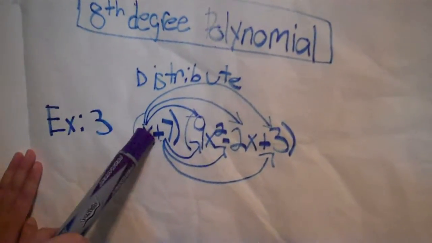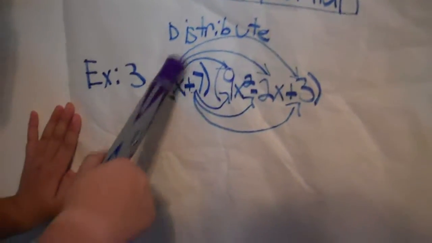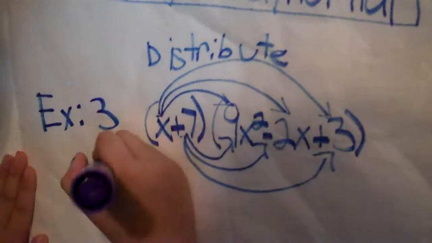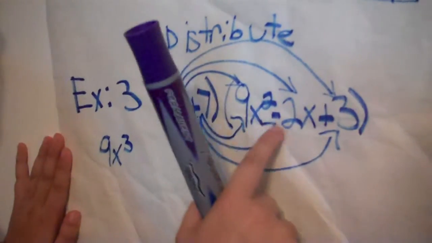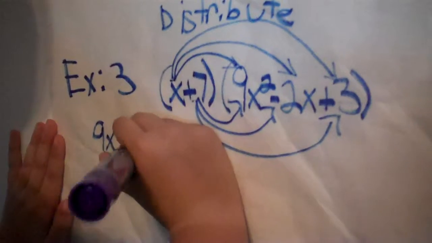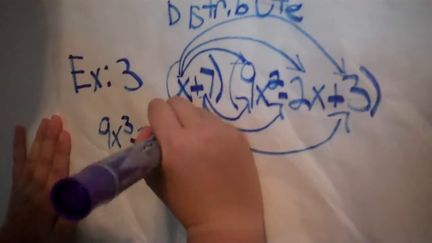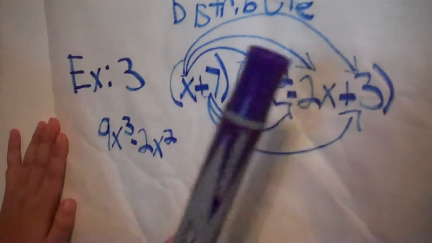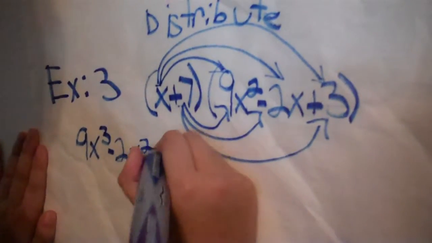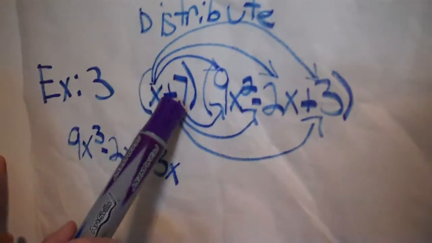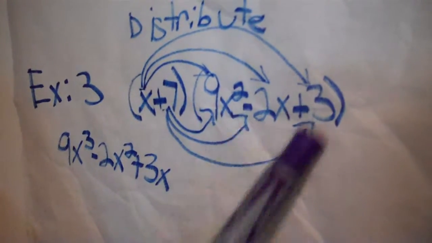Okay, so x into 9x squared is just 9x cubed. X into negative 2x is negative 2x squared. And x into positive 3 is positive 3x. And now we distribute the 7.